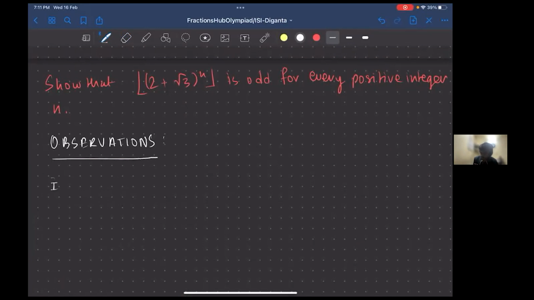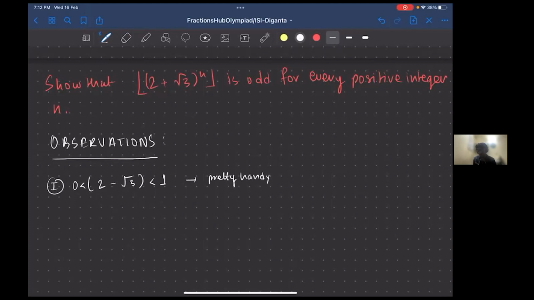One, you see that 2 minus root 3, the conjugate of this, is greater than 0 and less than 1. So this would be pretty handy. Why, you will see.